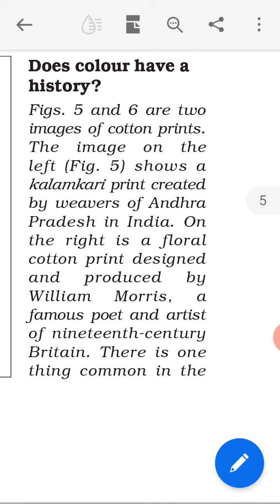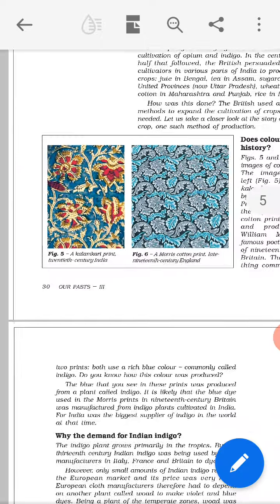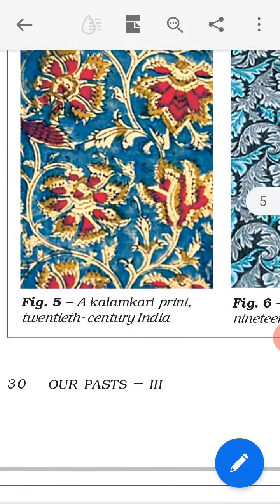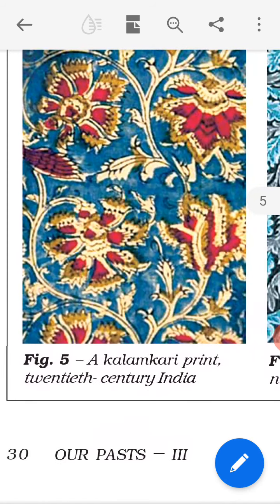Now here you can see two images. See carefully. Figure number 5, this one. Figure number 5, a Kalamkari print, 20th century India. Now see carefully. It is called a Kalamkari print.